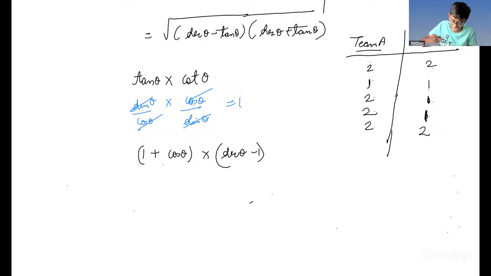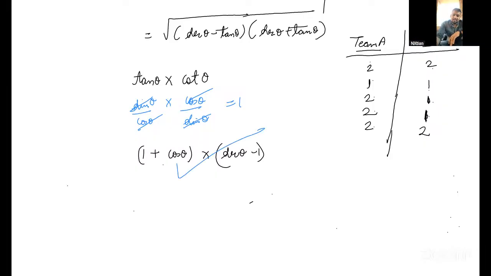Tell me the answer then. I think I solved it, but I don't know if it's correct or not. So basically, I got the answer as sine square theta upon cos theta. Correct. So that's correct. 4 points. Yes, 4 points.